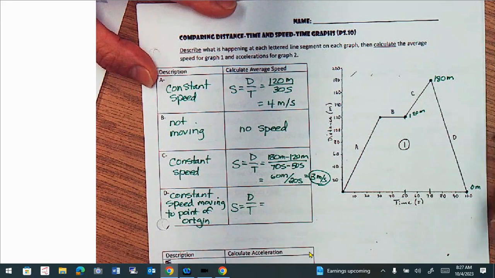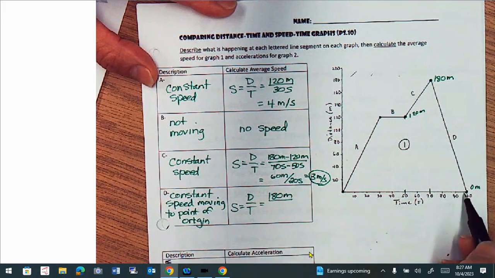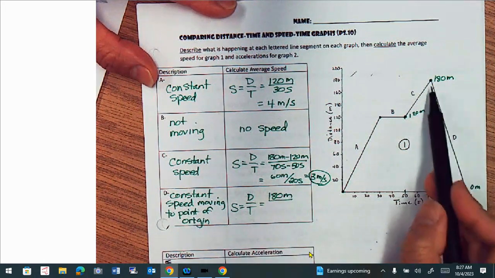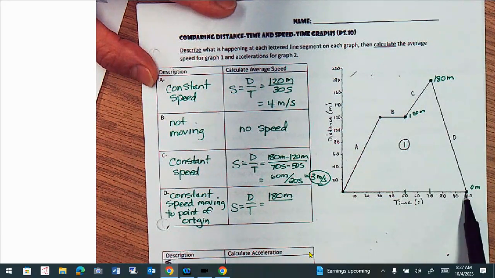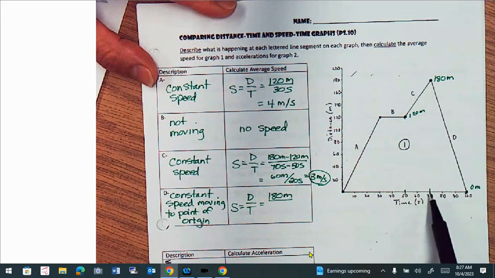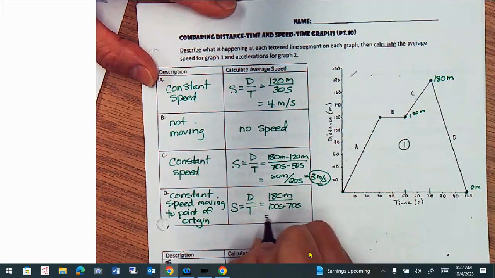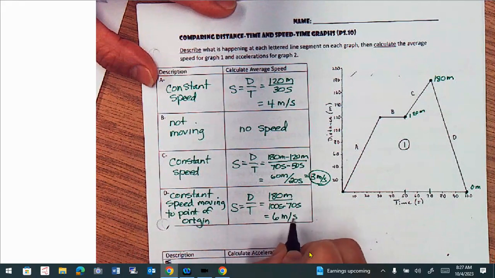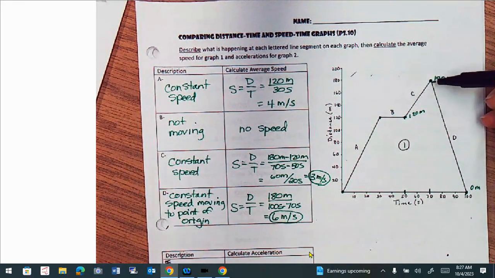So total distance is 180 meters, and the total time it took for that object to go from 180 meters to 0 is the difference in 100 seconds minus 70 seconds. 6 meters per second. And you can see this line is much steeper.